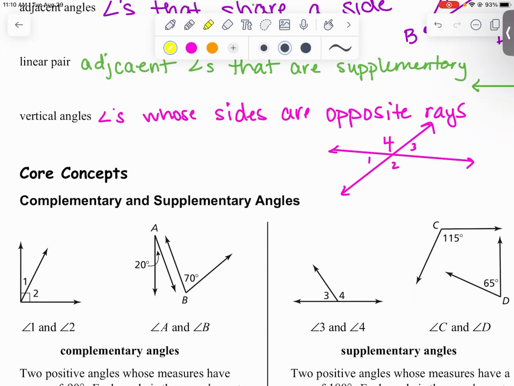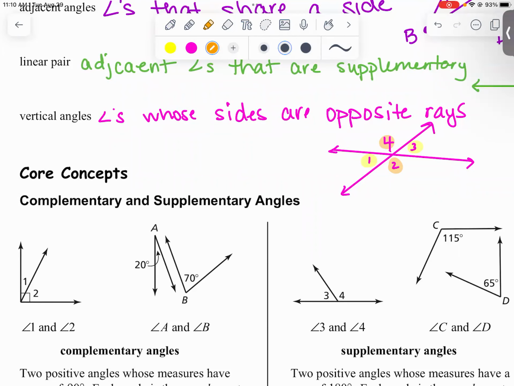So I'm going to highlight angle 1 and angle 3. Those two angles are vertical. Also notice how they make a V, right? V for vertical. 2 and 4 are vertical from each other.